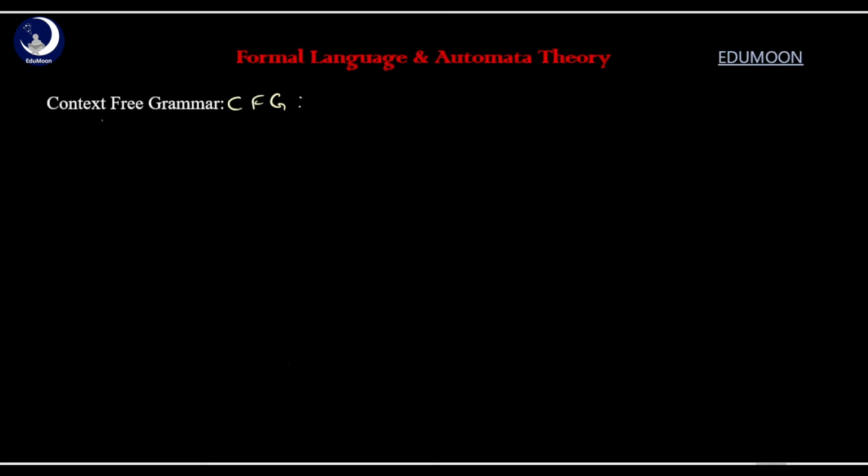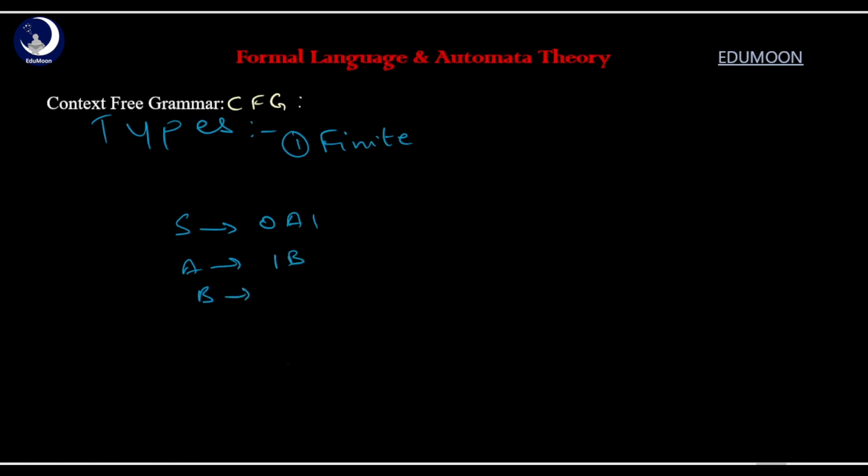Next we go with the types of grammars. So types of CFG. Generally there are not many categories in the CFG, but there are some CFGs which are finite, which generate a finite set of strings. For example, if you take a grammar S tends to 0A1, A tends to B, and B tends to 0.